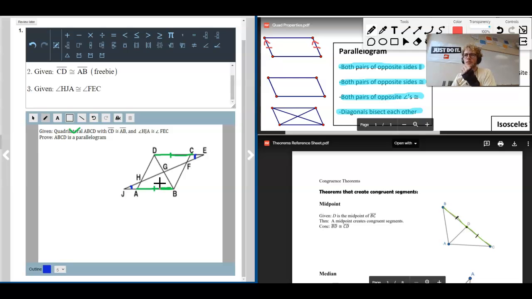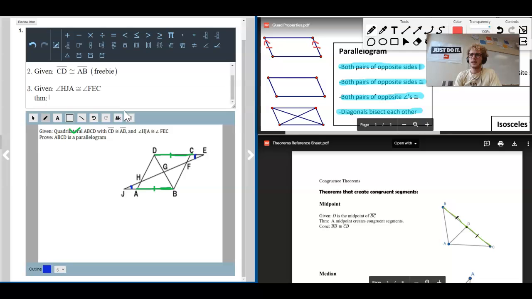Okay? So, our theorem that's going to go along with this, it's kind of the opposite way around, because before we would say, okay, we have opposite sides parallel, therefore the alternate interior angles are congruent. Now we're going to say, since the alternate interior angles are congruent, we must have parallel lines. Okay, so our theorem, and we're going to be adding this to the theorem sheet.